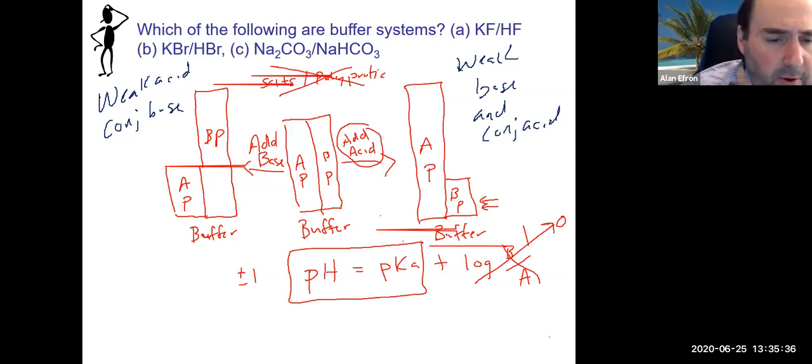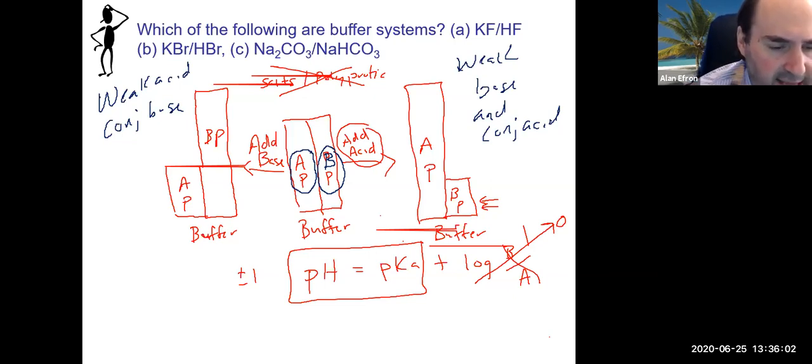And the way a buffer works, as we talked about last time, is that in the solution to begin with in a buffer, there's an acid part to that buffer and there's a base part. So I think we called it BP there. So there's an acid part and a base part to that buffer. And because something is a weak acid or a weak base, it will be able to set up that equilibrium and keep both of those things in the solution.